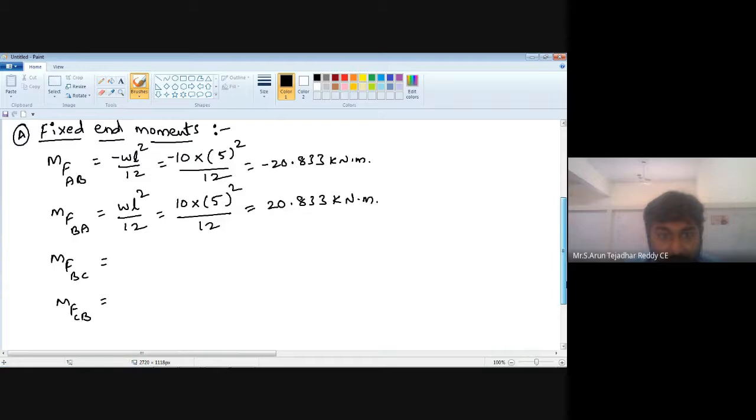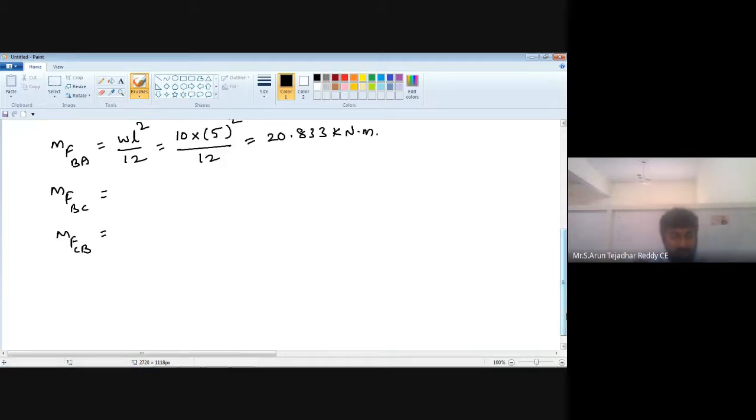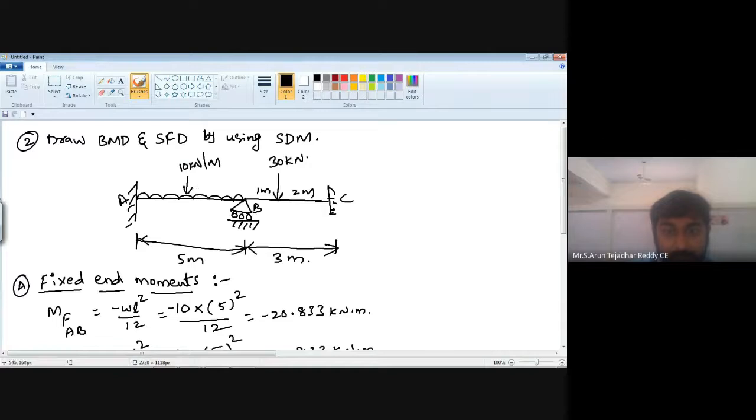Substitute the same formula here: minus WAB square by L square, WA square B by L square. What is W? That is 30 kilonewton.